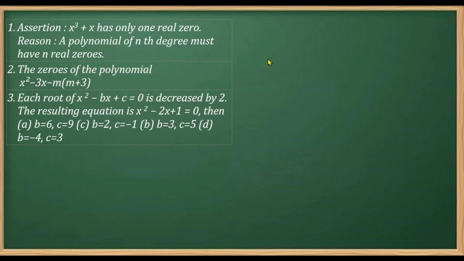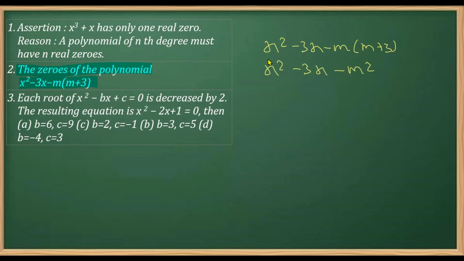Now coming to the next question, it says the zeros of this polynomial. So here we are going to find the zeros of this polynomial. Now, this is x squared minus 3x minus m multiplied by m plus 3. So we can use middle term factorization, and there is an alternate way also, that is by using identities. Let's check here.